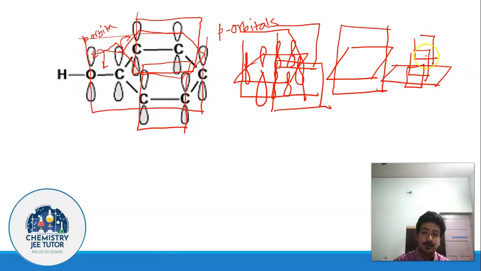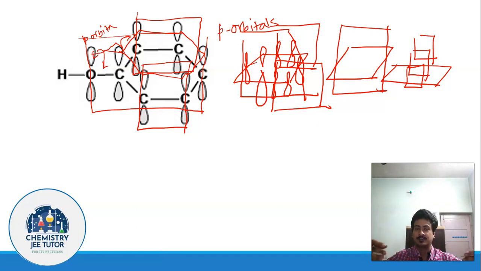So what we can say is that all the orbitals are actually residing in parallel planes. The orbitals which are taking part in resonance are in parallel planes. They might be perpendicular to the plane containing the benzene ring, but they are in parallel planes with respect to each other. The p orbitals are in parallel planes.